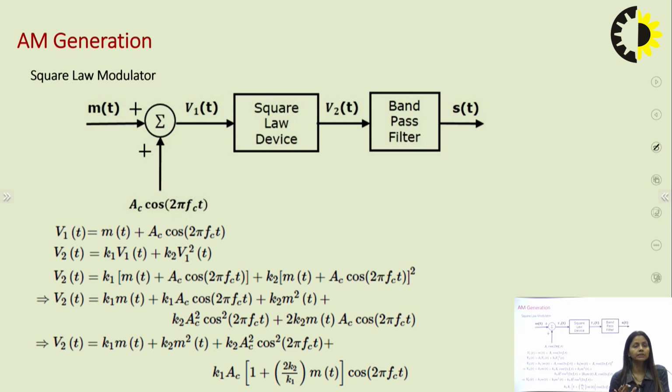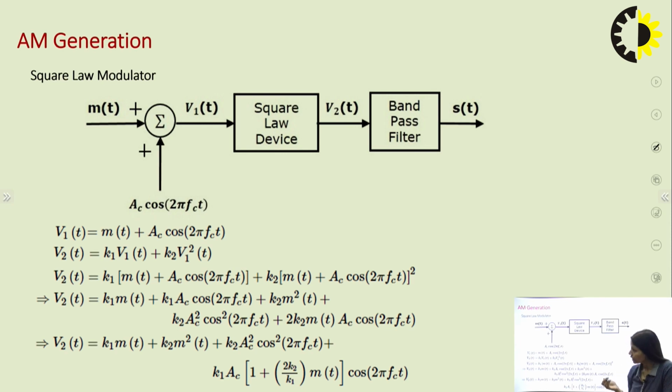First is my message signal and second is my carrier signal. The message signal is m(t) and the carrier signal is a simple sinusoidal signal, generated at the transmitter itself, and this carrier wave is of very high frequency because I want to modulate the amplitude of the carrier wave in accordance with my message signal.